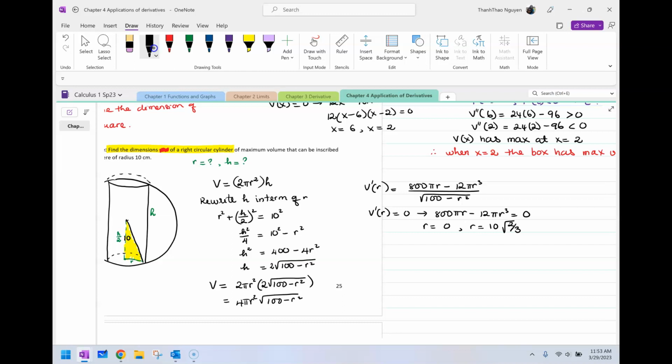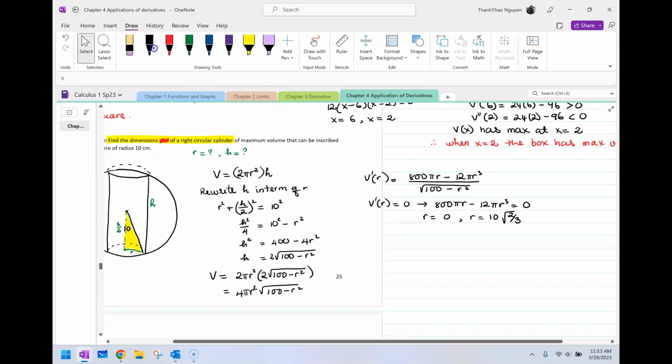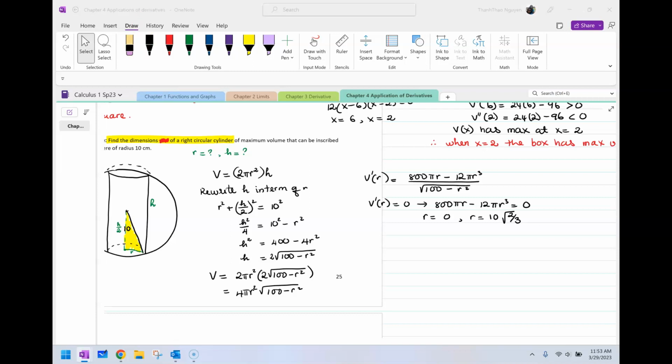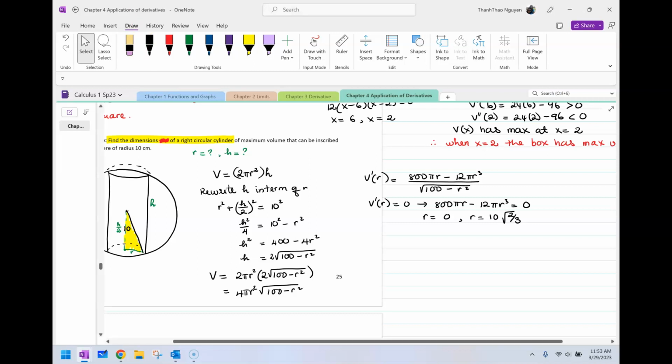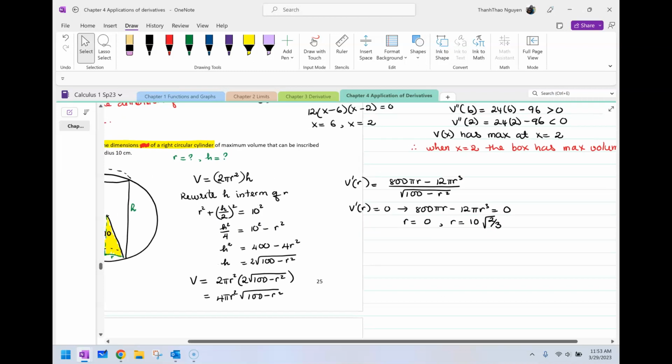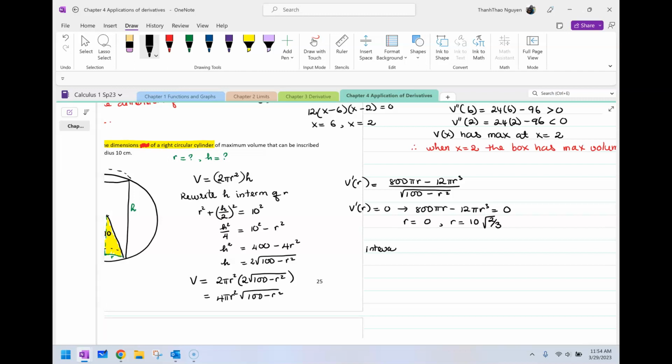Okay. I then will make the table of values to test the increasing and decreasing intervals of the function in order to figure out where the maximum value is. Okay. So let's take a look at the intervals. From 0 to 10 root 2 over 3. From 10 root 2 over 3 to 10.